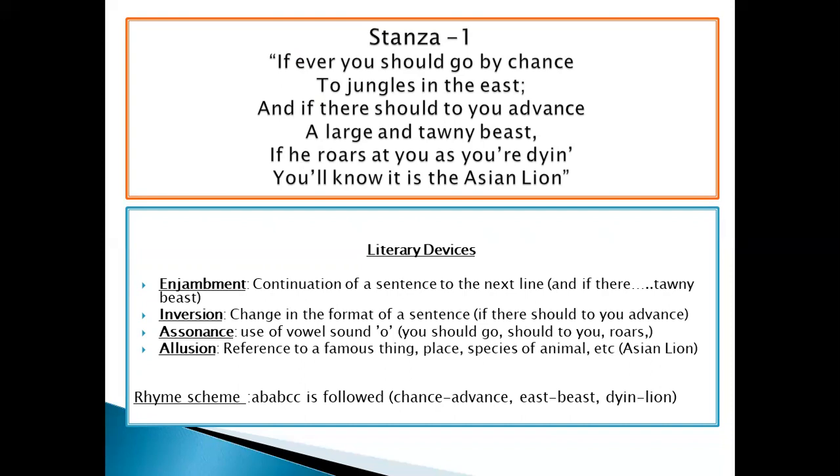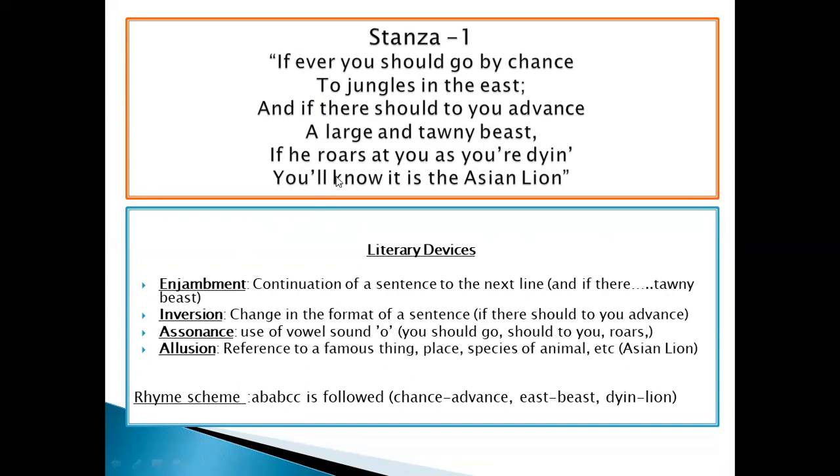This is an example of enjambment. And see here, we don't write sentences this way, if there should to you advance. This kind of poetic license, where the poet can change the format of a sentence, is known as inversion.